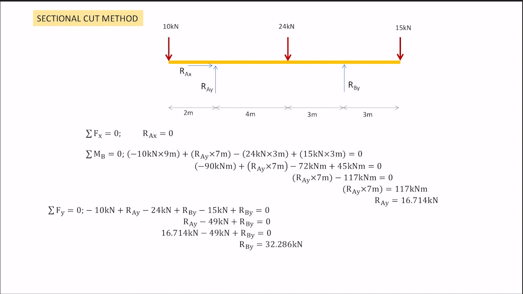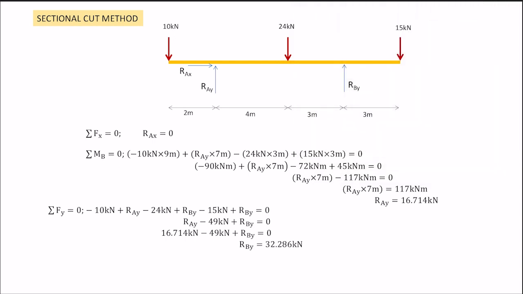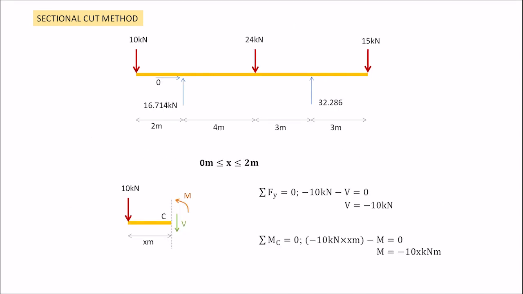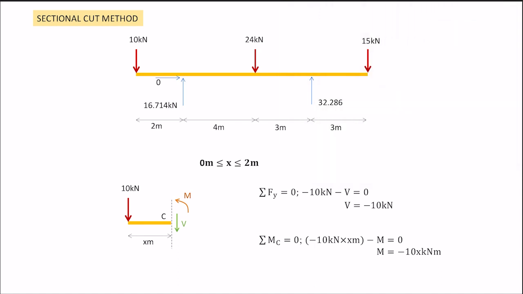Find the reaction, as usual, the same method, which is finally we get the RAX kosong, RAY 16.714 and RBY 32.286. Then we're going to cut it into sections so that we can get the value of V and M for each section. So for the first section, before the reaction, kita akan cut dekat sini.